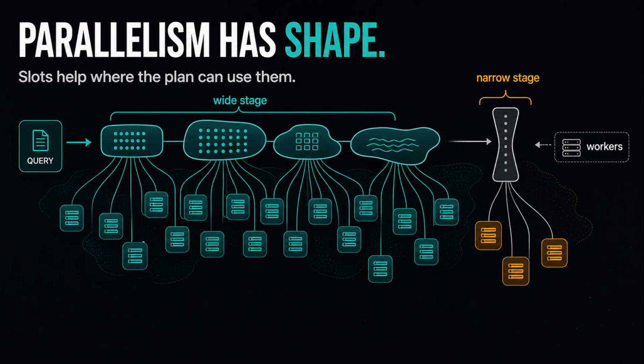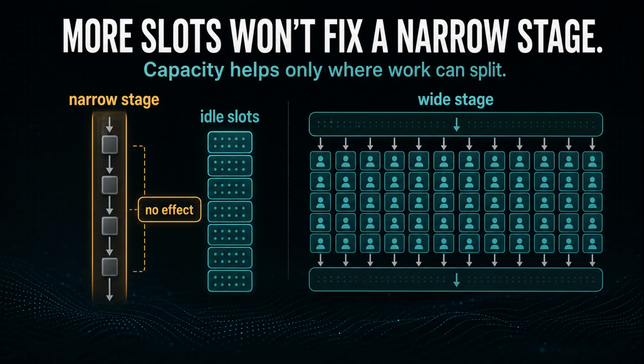True. And the wider that fan out goes, the more it grabs. A stage splitting into thousands of parallel inputs pulls a lot of slots right there. But a narrow stage, or one stuck waiting on the one before it, gets nothing from extra capacity. Yeah, so extra slots are dead weight unless the plan can hand out parallel work.